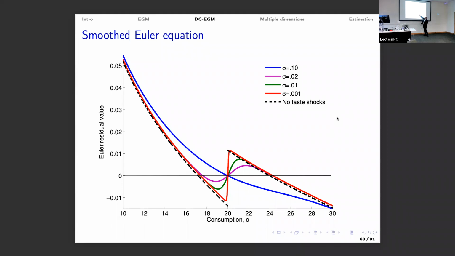Note these shocks here are the black dashed lines, a little bit of extreme value shock, and remember, sigma is now this scale parameter. We add a little bit of logit randomness, and we get this red line for the Euler equation for a particular level of wealth. On the horizontal axis is consumption, and we're solving this for zeros. Now we have three solutions of the Euler equation. We may, right? But with sigma 0.1, the whole problem goes away.